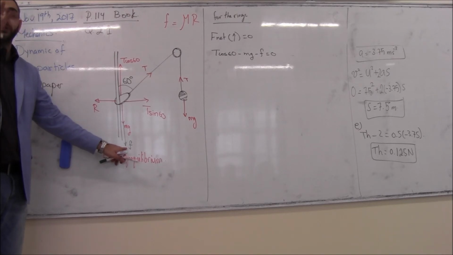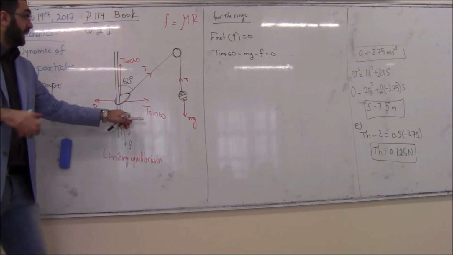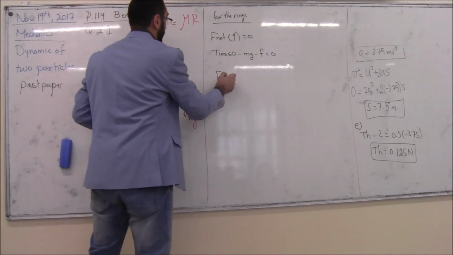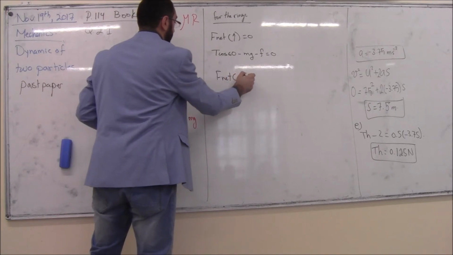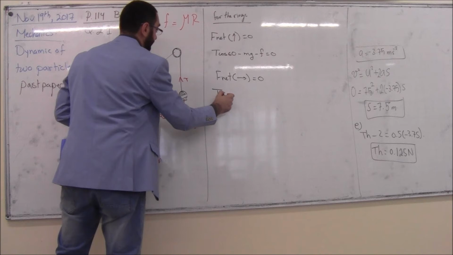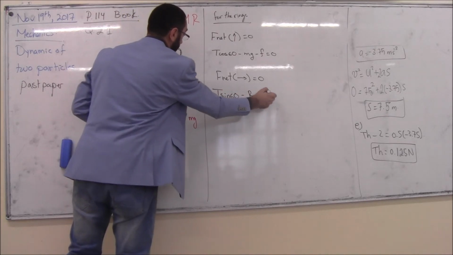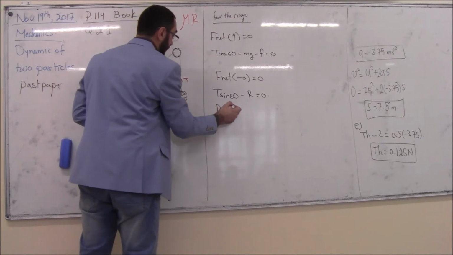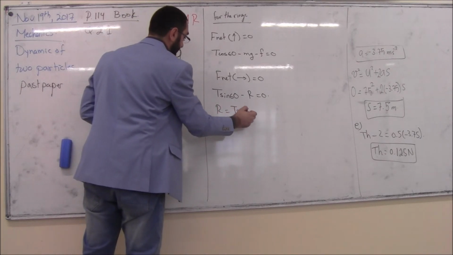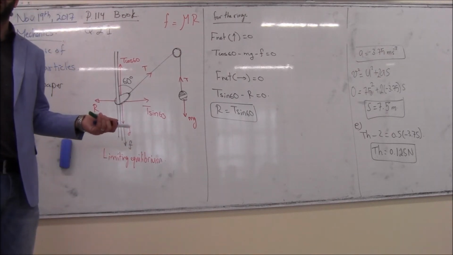It's about to move, but I don't know the direction of motion. F net horizontally is 0: T sine 60 minus R equals 0, so R equals T sine 60. So we have to find the tension.